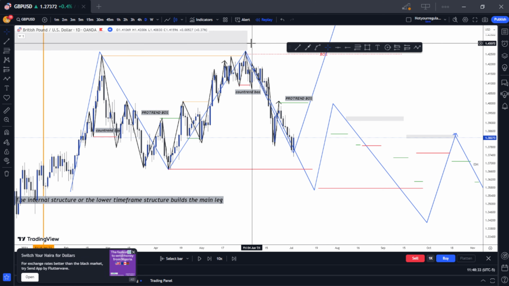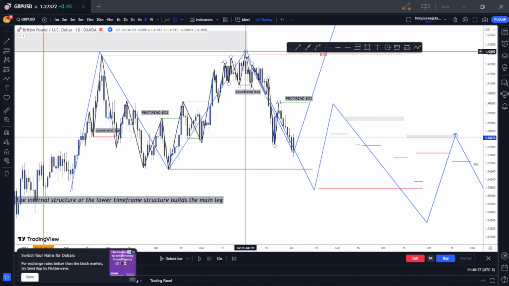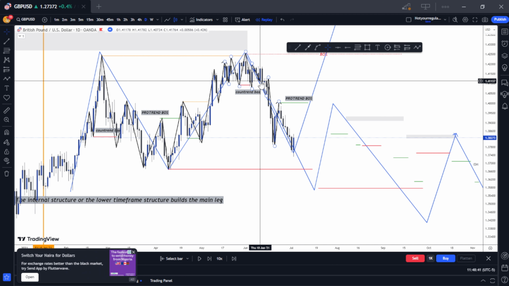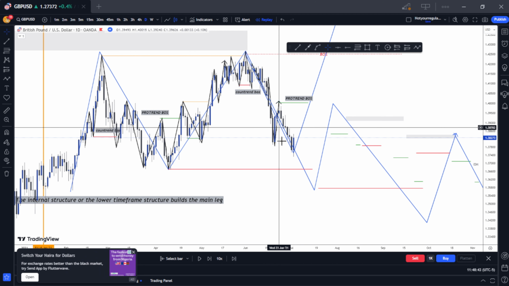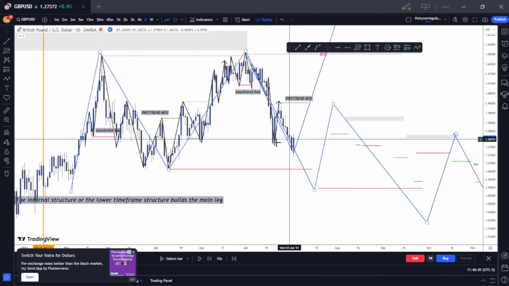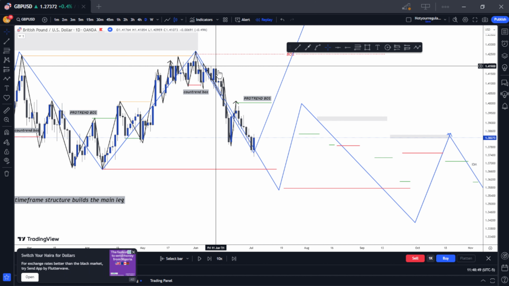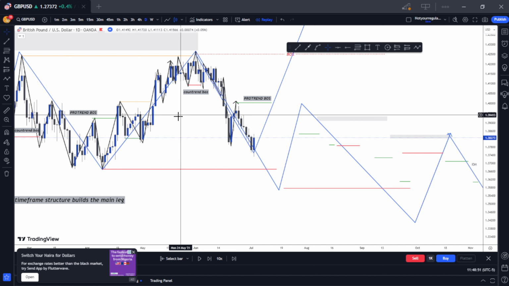If you just took out a main structure higher high, then you should be expecting a pullback. You should be expecting a counter trend BOS for a pullback. So you could look for a trade, maybe after the pullback happens, you could look for a trade inside here to sell, then sell down to your POI.